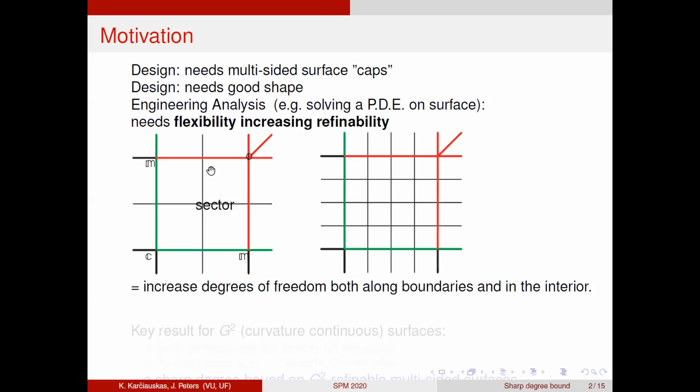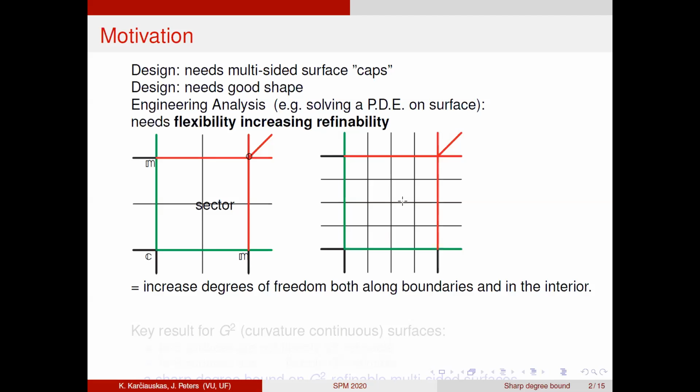In other words, in terms of this picture, if we again look at one sector, what we want is that as we, for example, binarily refine, we want to be able to both keep the old surface and or function on the surface, but also allow ourselves to get more degrees of freedom to better approximate such a partial differential equation.